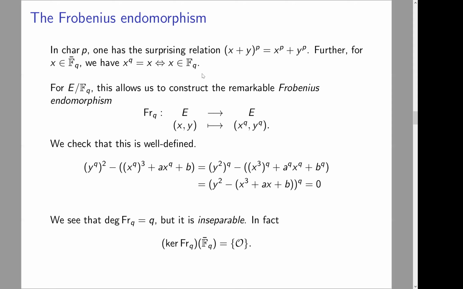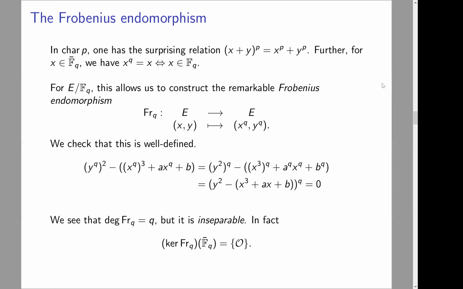This is an if-and-only-if statement. If an element is in F_q, then it equals its own qth power. And if it equals its qth power, it's in F_q. This is a very, very useful relationship and sort of the basis of Galois theory of finite fields.